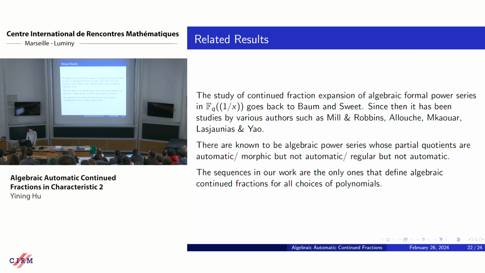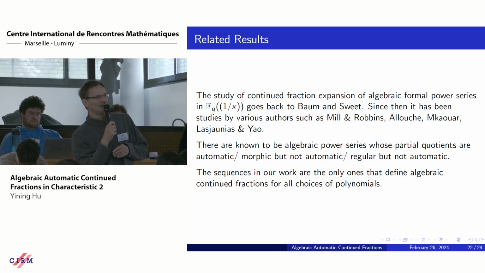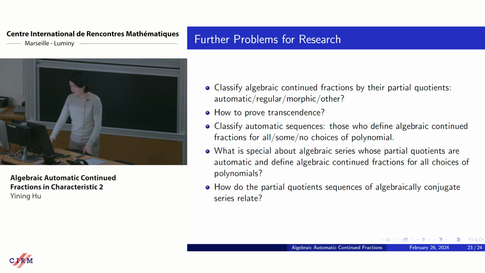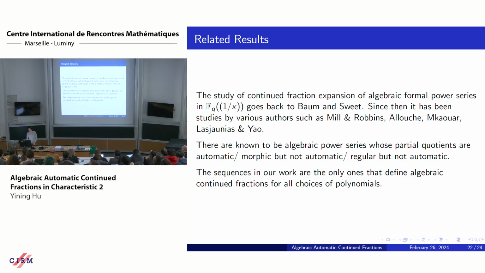I mean, in the Fibonacci system, you have this unique form of representation of a number with no consecutive ones, and you have the same type of automaticity. I have never considered this question before, but I think it is possible because here we see that the partial quotients are sometimes automatic, sometimes morphic, sometimes regular. So maybe there is a more general class of sequences that contains all of these, which includes all algebraic series. It is possible. Okay, thank you.